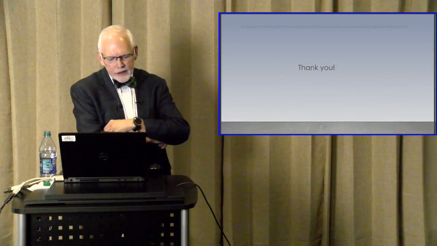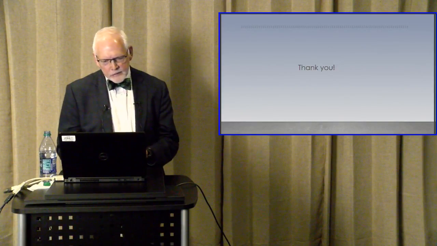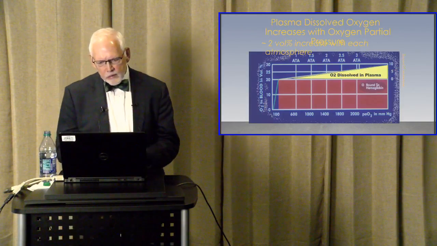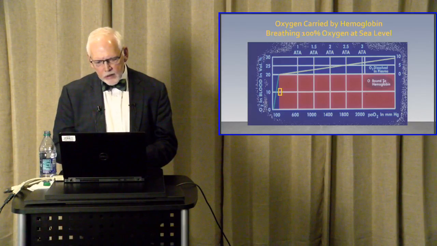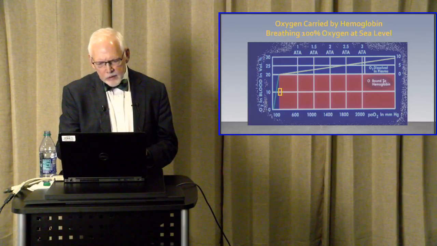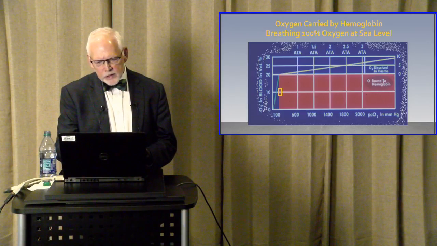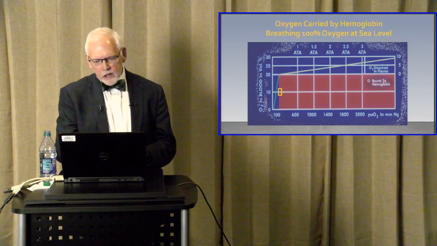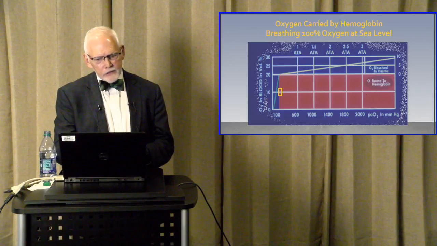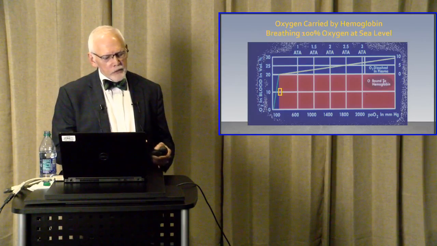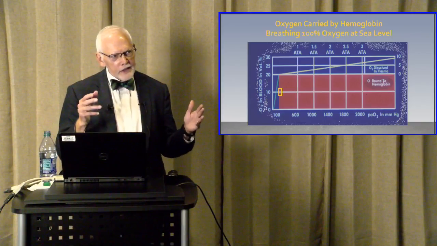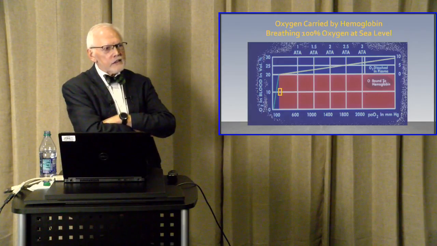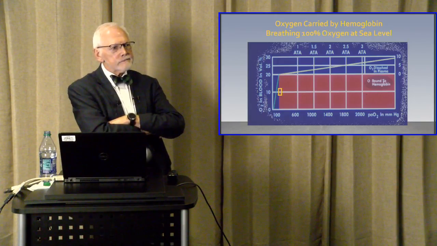If you go back and look down at the bottom, PaO2 in millimeters of mercury, 100% at 1 atmosphere, 2,000 at 3 atmospheres of pressure. So the increase in the atmospheric pressure, or the pressure provided by the chamber, is critical to getting the gas to dissolve in the plasma.